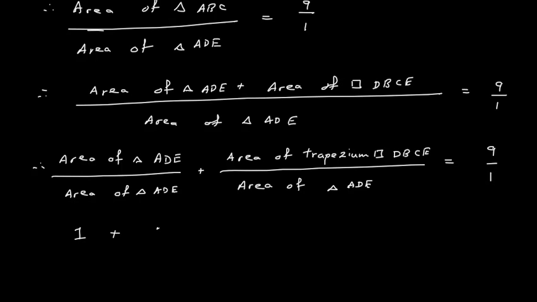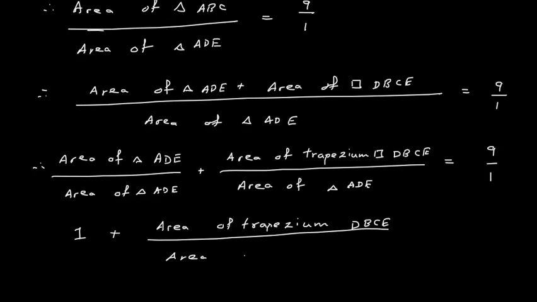So 1 plus area of trapezium DBCE upon area of triangle ADE. This you can say that 9 upon 1.